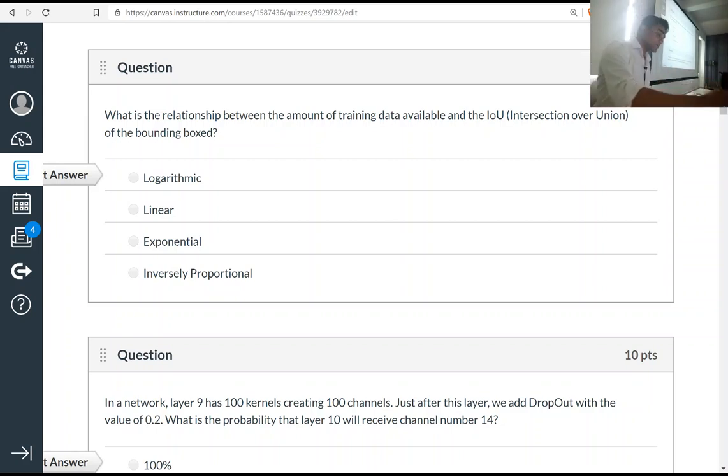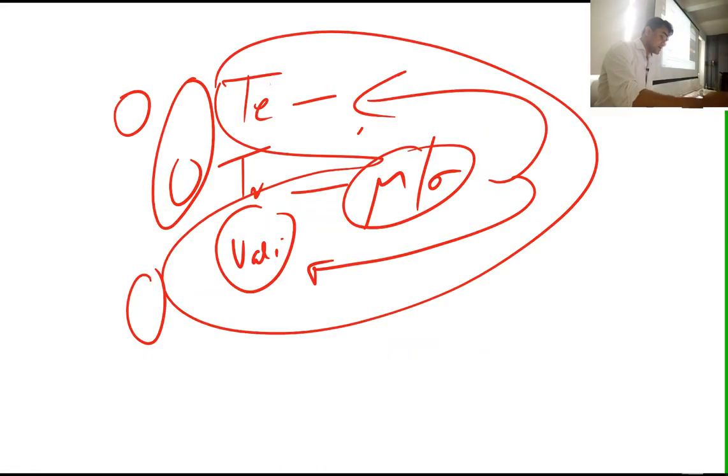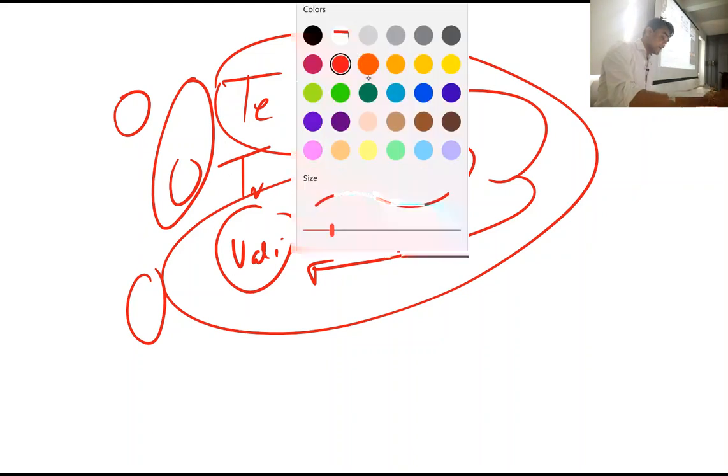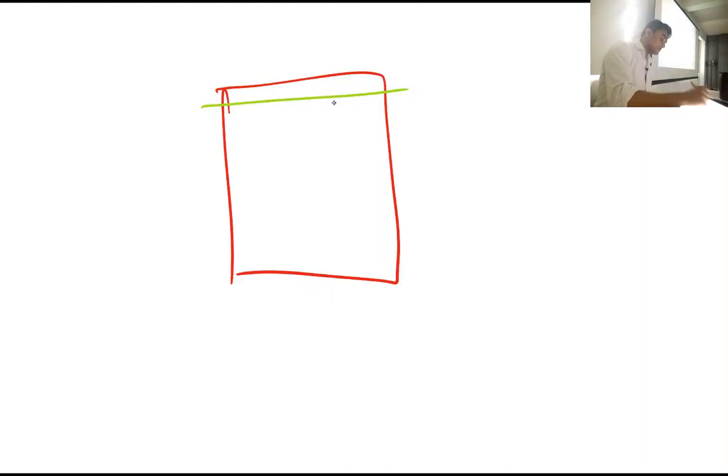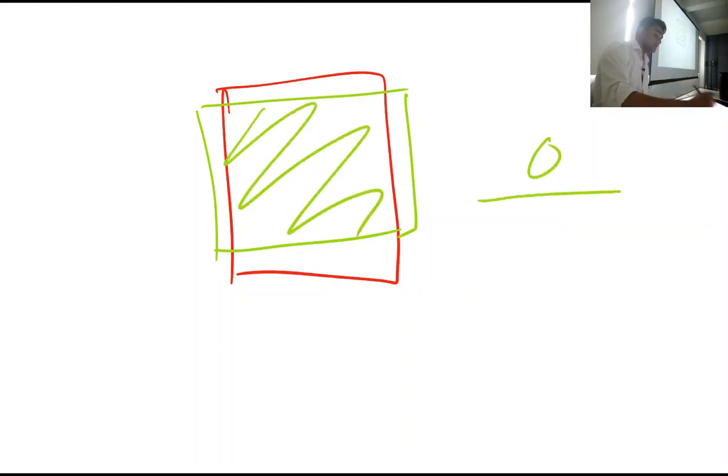Okay, so in IOU, what do we do? Essentially, this is again going for the bounding box kind of problem. This is the bounding box I wanted, but the bounding box your network is giving us is something like that. How do we create a loss function out of this? We see the overlapping area. So this is the overlapping area, and then we see the total area.